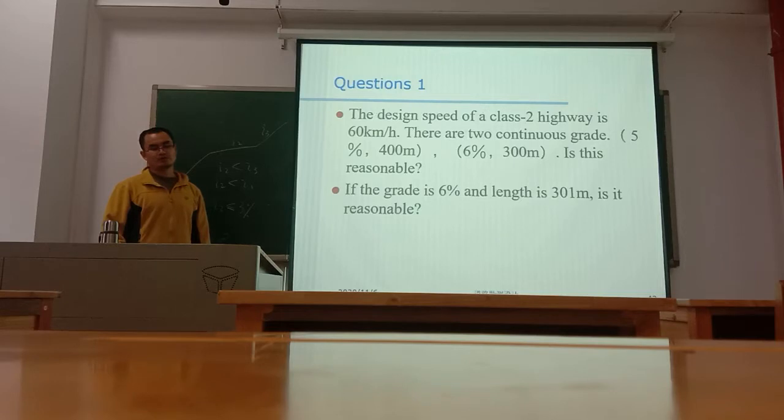Question 1. The design speed of a class 2 highway is 60 kilometers per hour. There are two continuous grades: 5%, 400 meters; 6%, 300 meters.